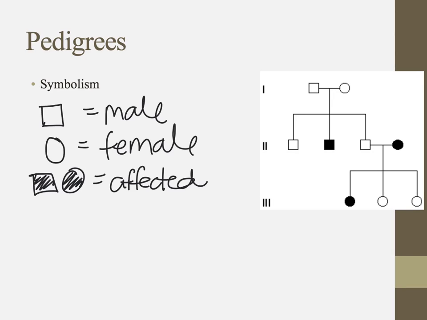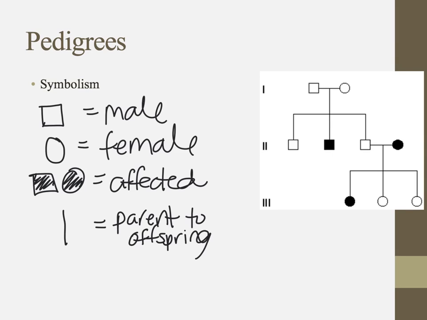Vertical lines show parent to offspring relationships. So here, this individual is connected by a vertical line to these parents. This is his parents. A horizontal line equals some kind of baby-making partnership.